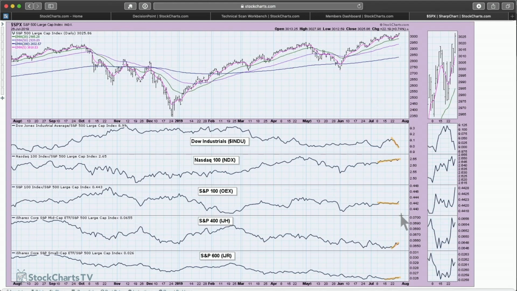So it influenced today's reading pretty heavily. It is not in the Dow. So the Dow actually didn't look as good as the S&P 500 today. Right. And it explained that little curly Q at the end of the OEX relative strength, because Alphabet is in the OEX 100 as well.